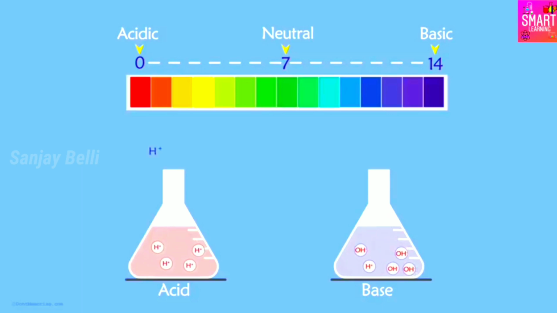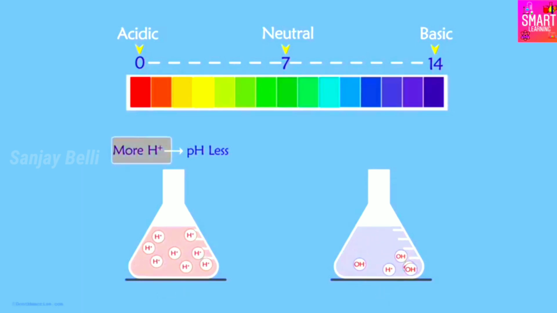The more the concentration of the hydrogen ions, the lesser will be the pH value. Yes, understand? The more the concentration of the hydrogen ions, the lesser will be the pH value.